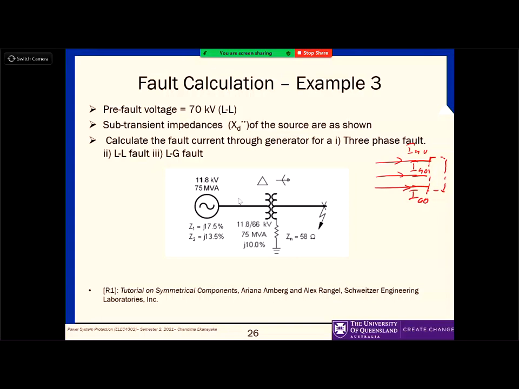Inside you can have Y or delta or whatever, right? There's no other wire coming out of it. So if you apply KCL to this box, what happens? There's a current going in and nothing comes out, which violates the KCL. So if there is no return path, then the zero sequence current cannot exist. There is no way to have it.